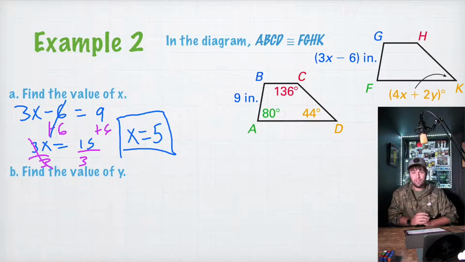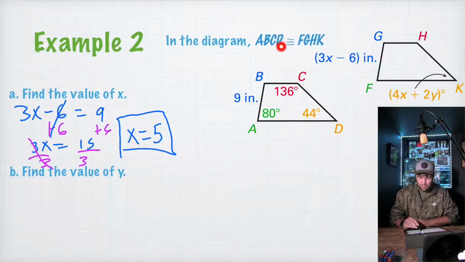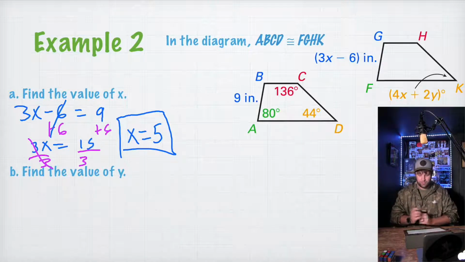And the value of y is a little trickier because if you look here, our equation is, for this angle measure, 4x plus 2y. We already solved for x, so we're actually going to plug x into this equation and just solve for y. And K, the last letter written here, is congruent to the last angle written here, which is D. So K and D are congruent angles.